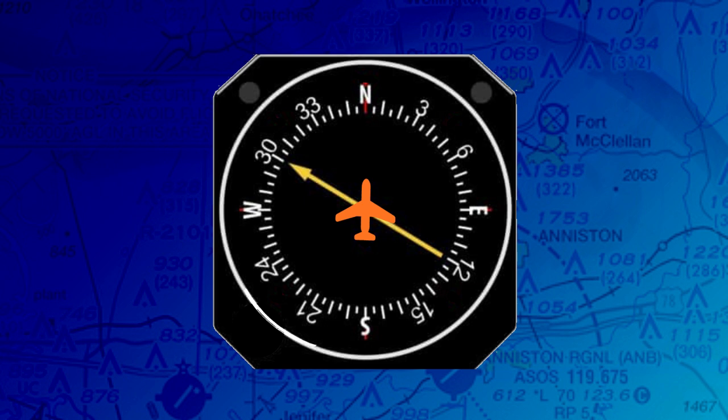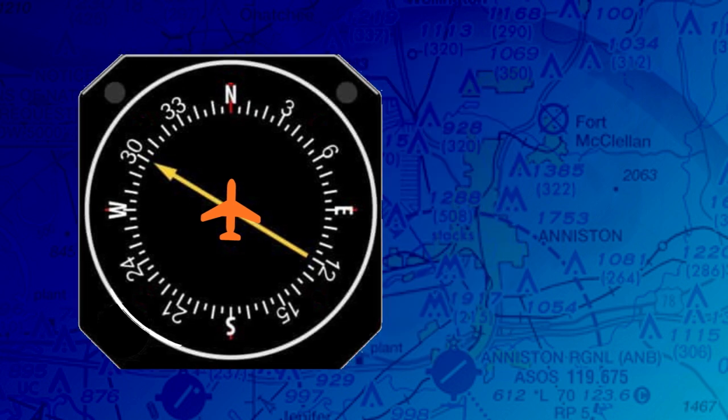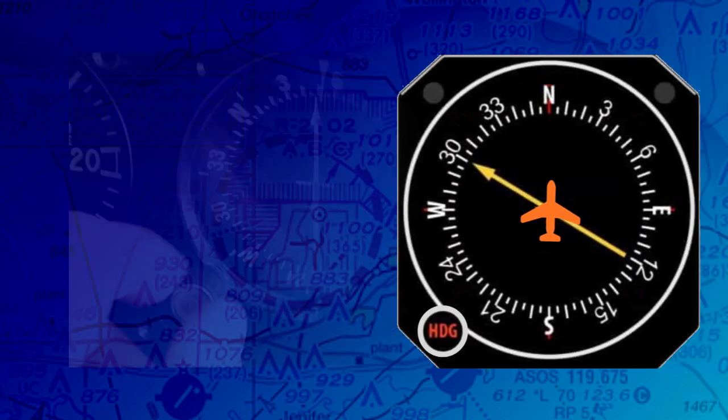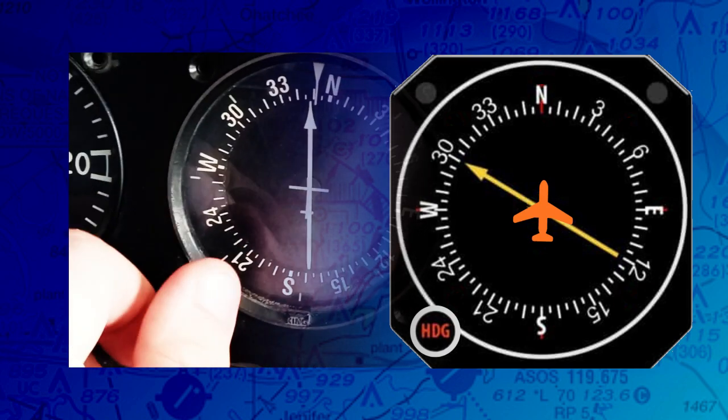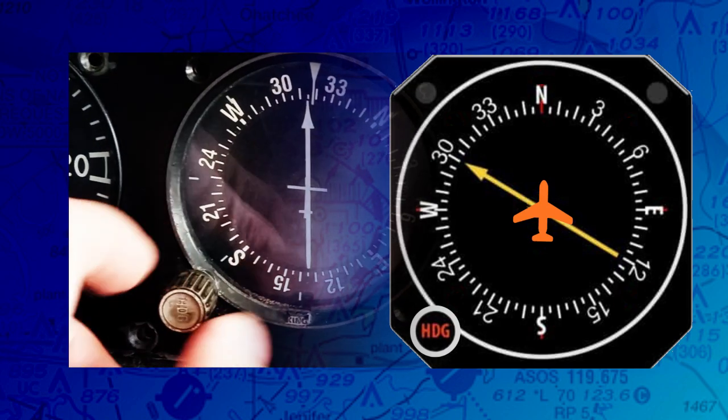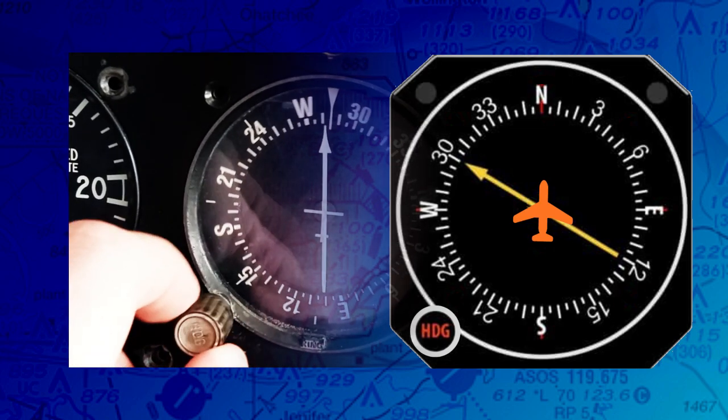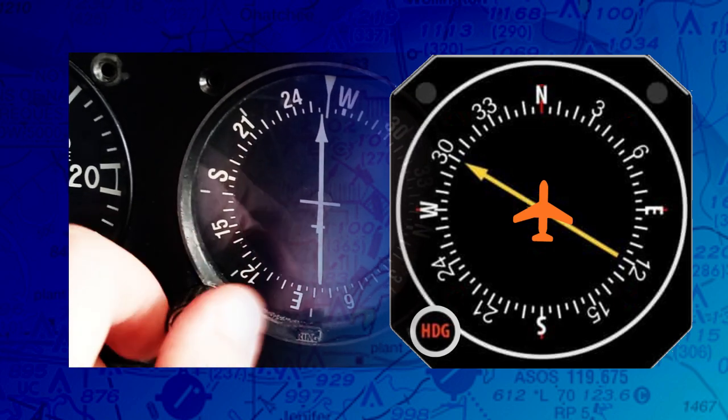Fixed card means the compass card doesn't move. 0 degrees or north is always at the top, and it gives you no heading information. Manually adjustable bearing indicators have a knob that allows you to input the aircraft heading. Some are gyroscopic, and others require constant corrective inputs.